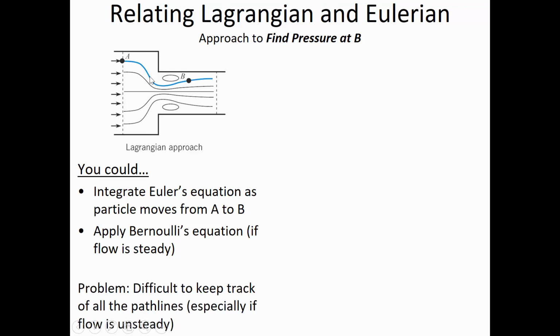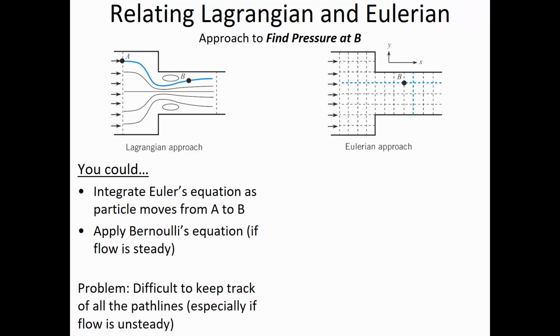But the problem, as we discussed at the beginning of chapter 4 when we talked about flow visualization, is keeping track of all the particles. Rather than trying to keep track of the position of every water molecule as it travels through a transition like this, it's easier to divide the transition up into elements, into little cells.